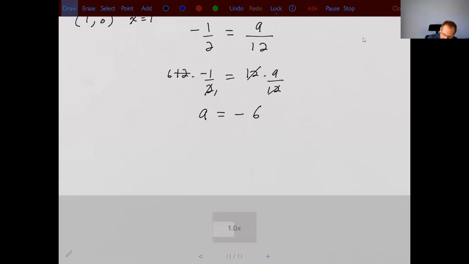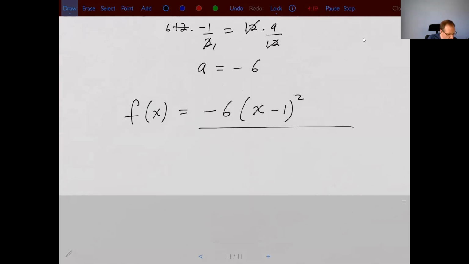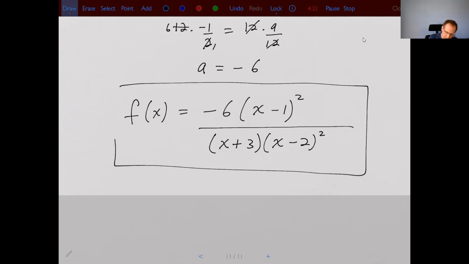So my final answer for that function is f of x equals negative 6, that's the a, times x minus 1 squared in the numerator. The denominator is x plus 3 to the 1 power, so I don't have to write that, and then x minus 2 squared. So that would be the function for that particular graph that we observed.